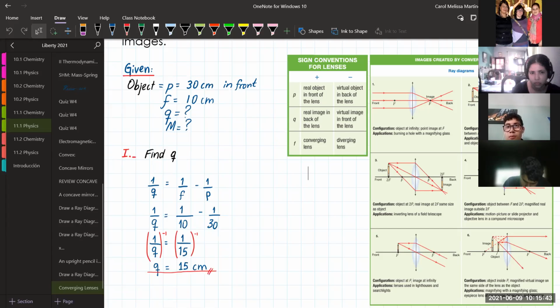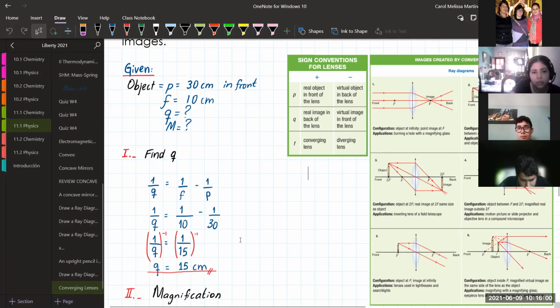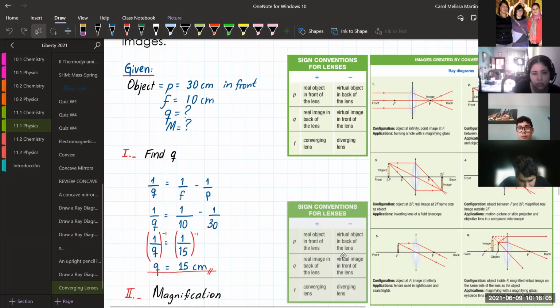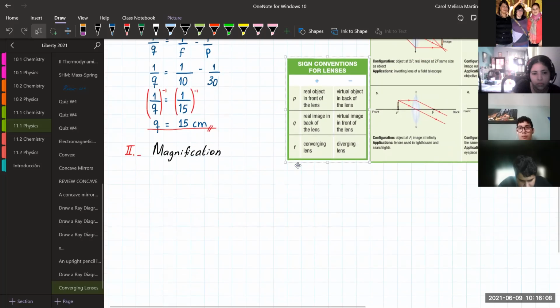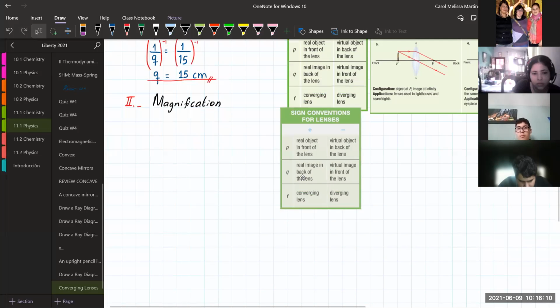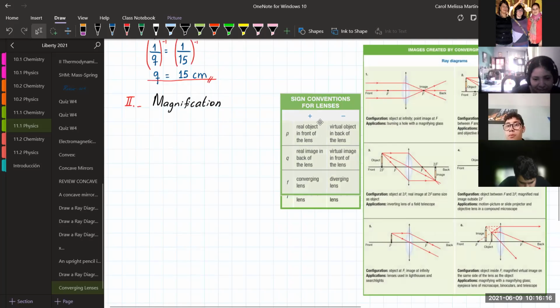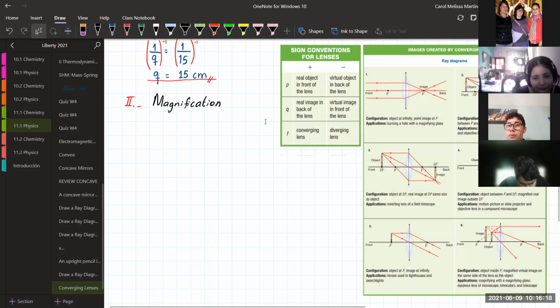Now, in the second step, I will find the magnification. Okay, I will find the magnification. Now, the equation that we use for magnification is the same. So let's continue. Sorry, I'm moving this bit, but I need that you see it right there.